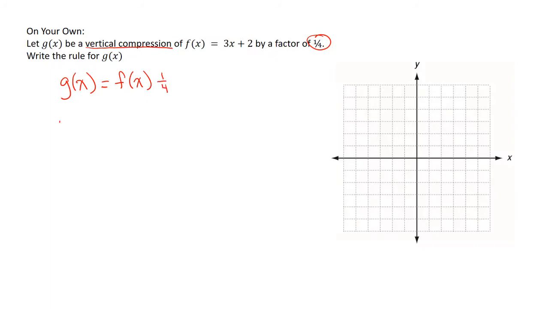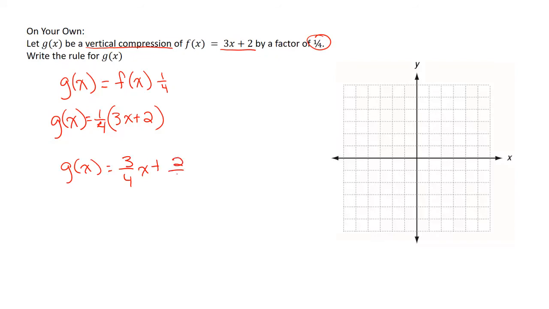All right, so g of x, we're going to just substitute. Instead of saying f of x, we're going to say 3x plus 2, but we're multiplying the whole thing by 1/4. When we multiply it, we actually don't even have to go any further than that. You could go on and say 3/4 x plus 2 over 4, and that would be 3/4 x plus 1/2 equals g of x.